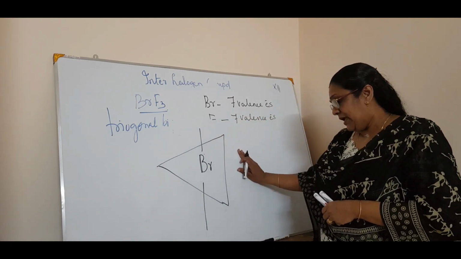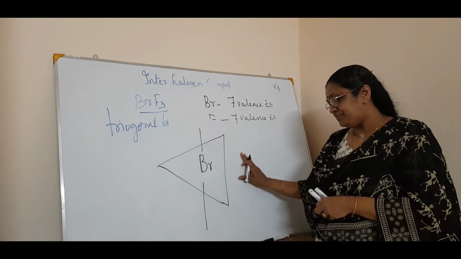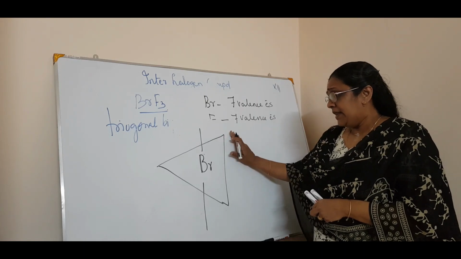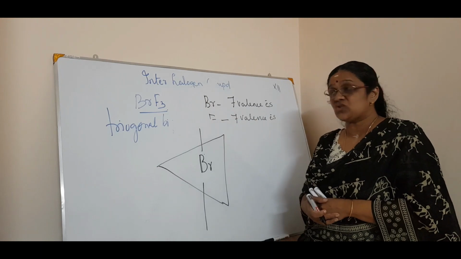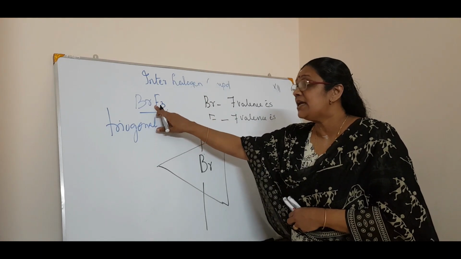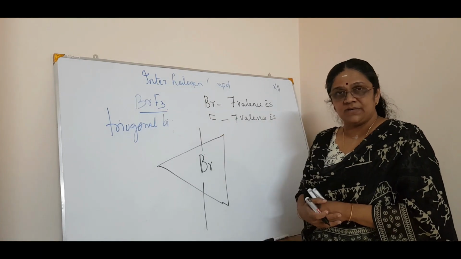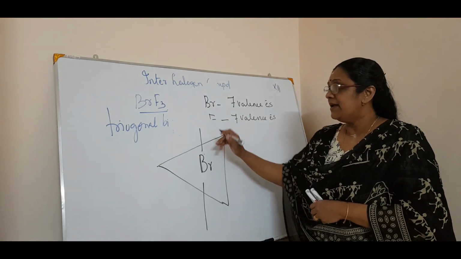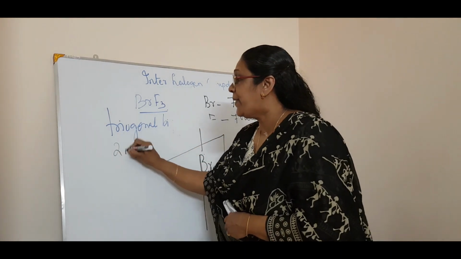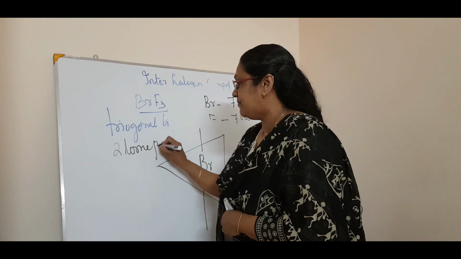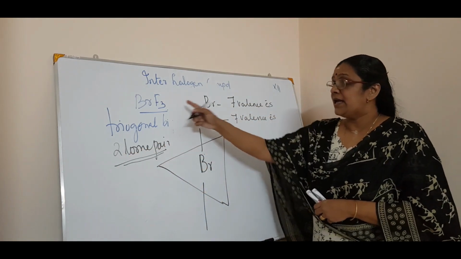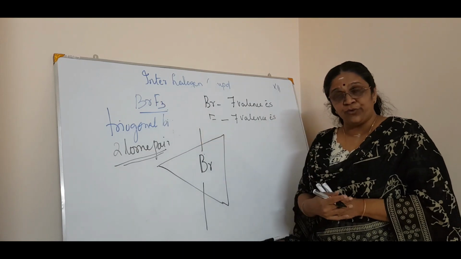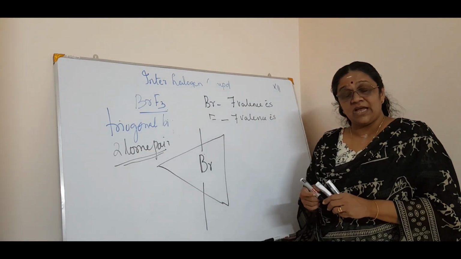Now, the 3 fluorine atoms are there, so Br will form 3 bond pairs with the fluorine atoms, isn't it? And there are 2 lone pairs of electrons in this. So there are 3 bond pairs with fluorine and 2 lone pairs.